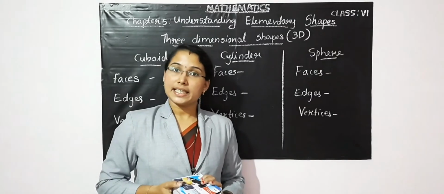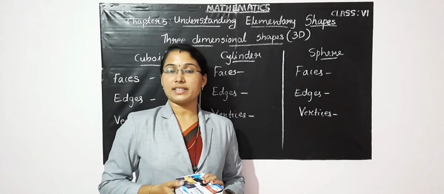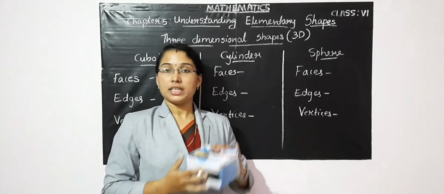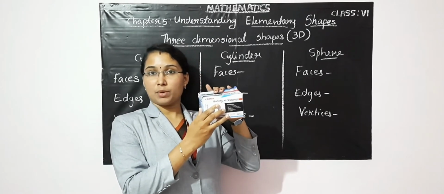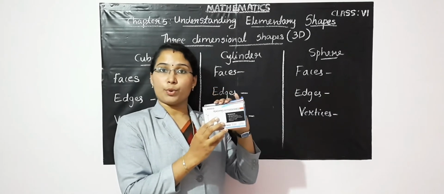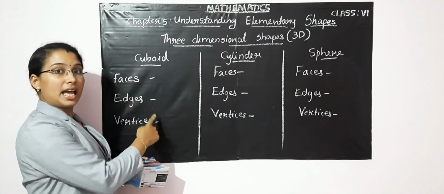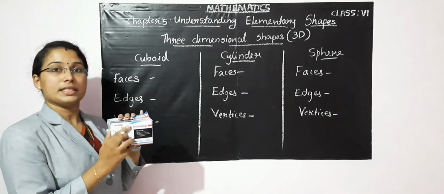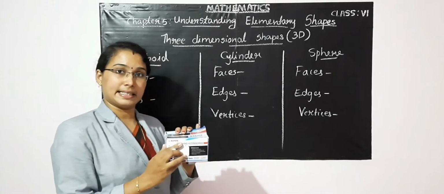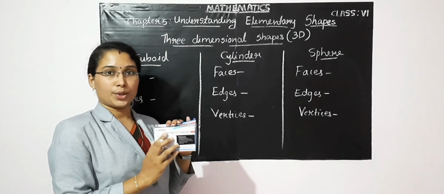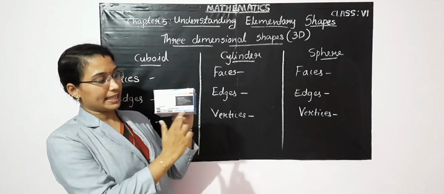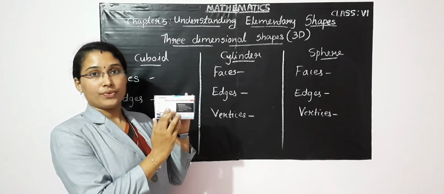Okay, next let us discuss some important points related to 3D shapes. Here you can see one example of a 3D shape, that is a cuboid. Next, let us discuss the faces, edges and vertices of this cuboid. First, the faces of the cuboid. Here, this surface is called a face of the cuboid.